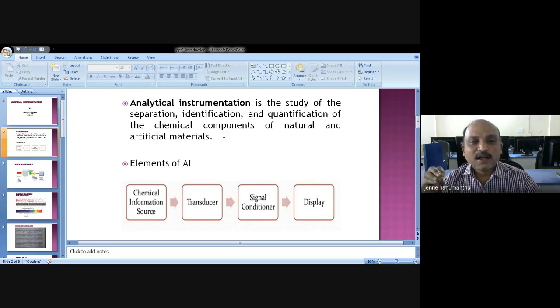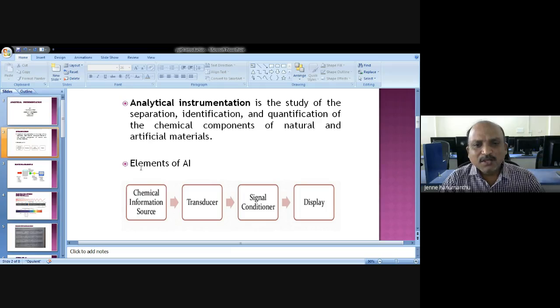The first block is the chemical information source, which is like an input signal. The second block is the transducer. The third block is the signal conditioner. Lastly, it is a display or readout.